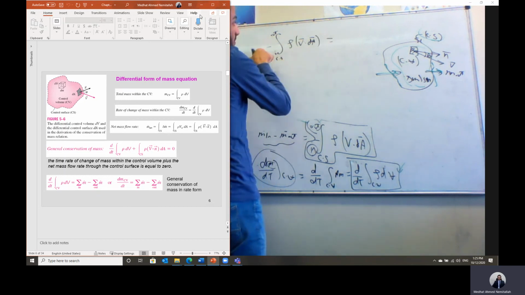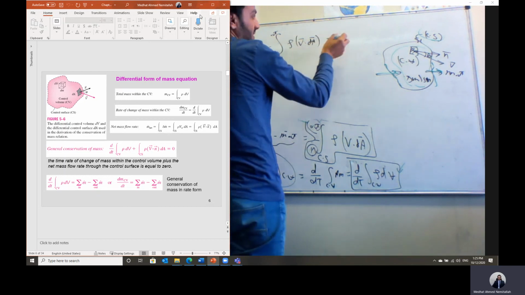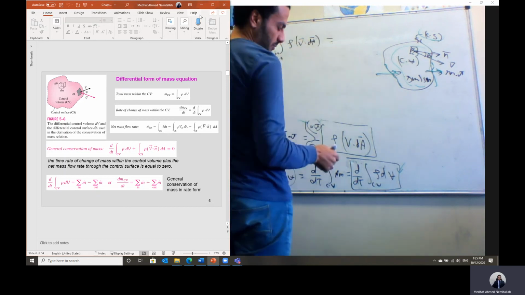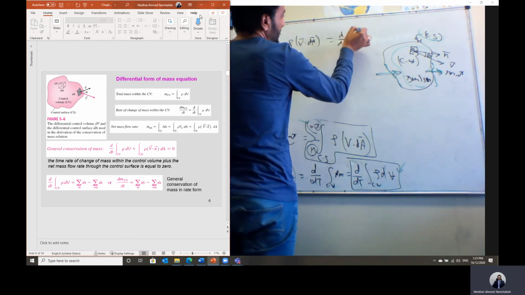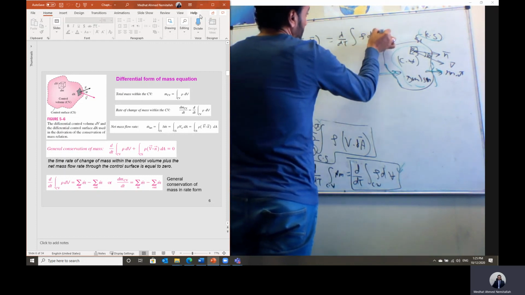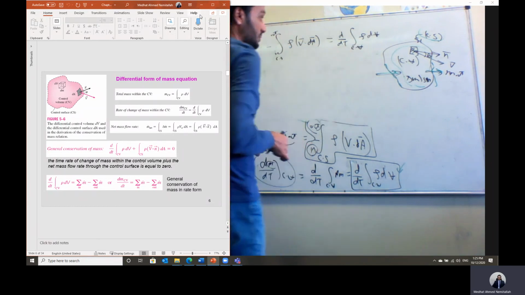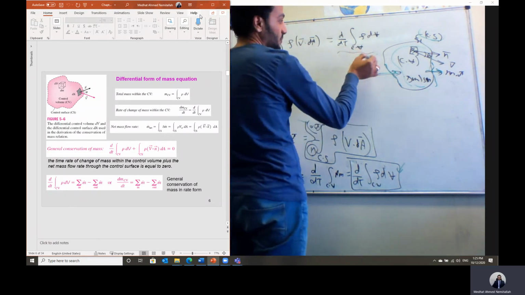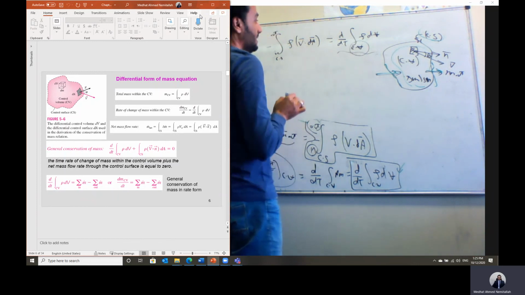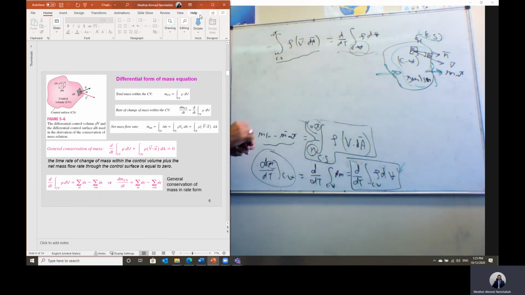This term represents mass flow rate in minus mass flow rate out. That should equal to dm by dt, which is equal to d by dt integration of rho dv. This integration is through the control volume. We say that this term is the change of mass within the control volume itself. And this term is the mass crossing the system, either in or out, and it should be crossing the control surface of the system.